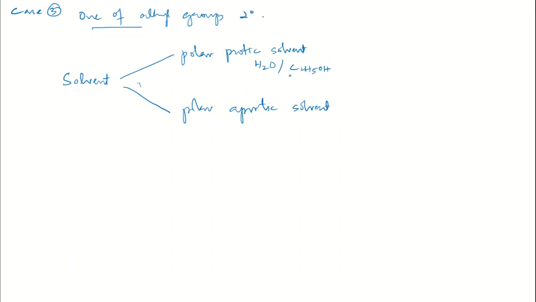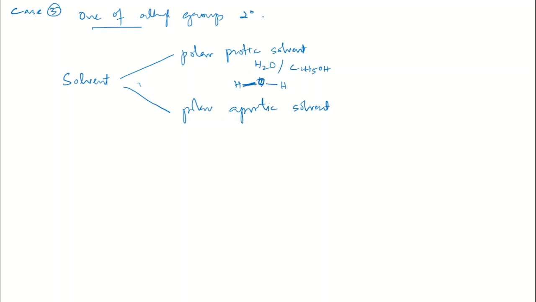These polar protic solvents are capable of forming hydrogen bonding. Why? Because they contain at least one hydrogen atom that is directly connected to an electronegative atom. As in water, we have two hydrogens directly attached to oxygen, and oxygen is more electronegative than hydrogen.